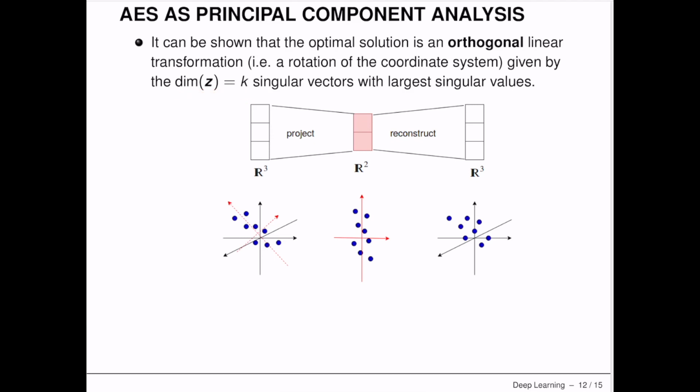So the weight matrix of the encoder would be orthogonal, and its rows or columns would exactly correspond to the singular vectors.